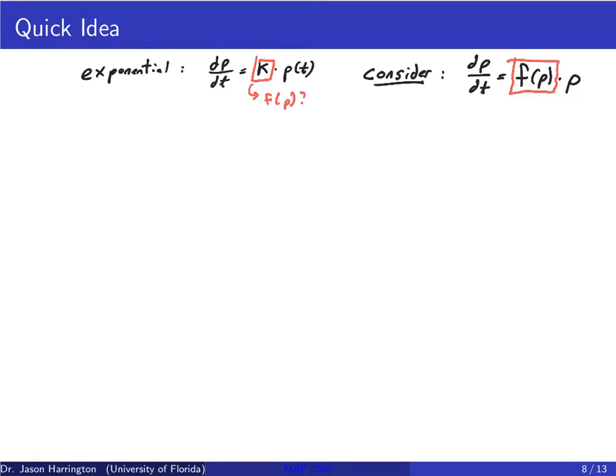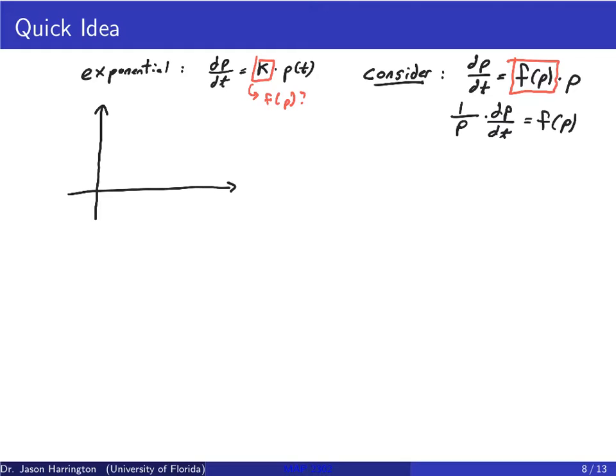Now I want to be able to graph f of p, but notice that if I were to solve for f of p, this is what I would get. I would get 1 over p times dp over dt is equal to f of p. So that's kind of an unusual function.